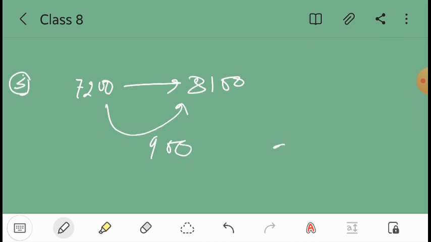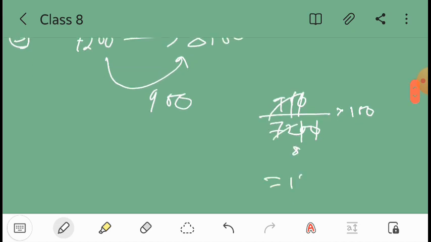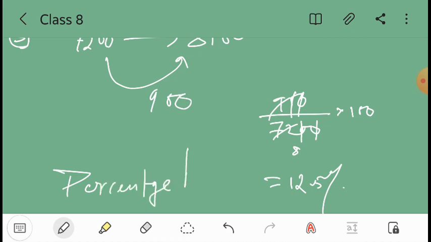That means 900 divided by the actual value, that is 7200, into 100. So this 0, this 0 will be cancelled out, 9 8 times, and again it will be 12.5%. So the percentage increase you can write here, this one.